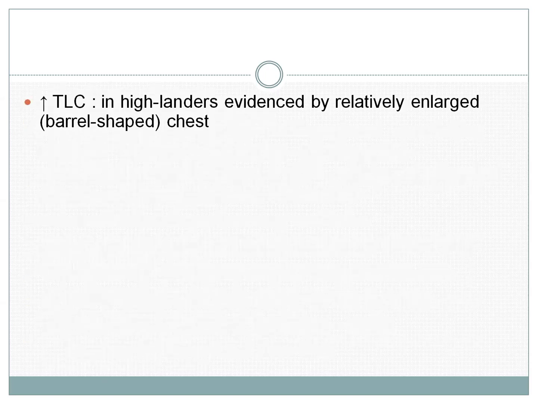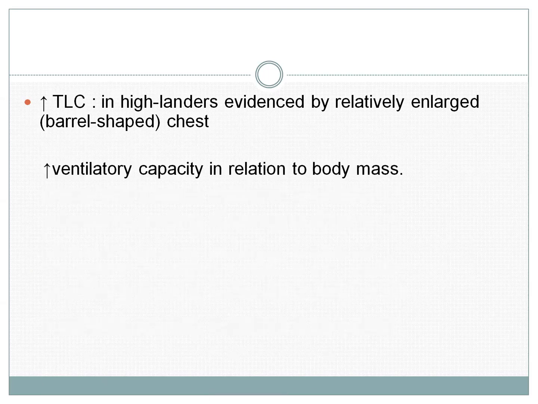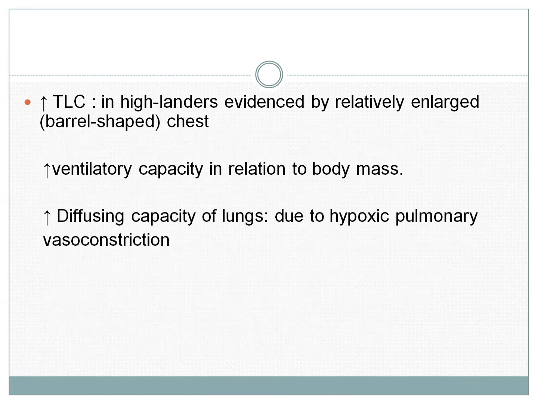There is also an increase in the TLC, that is total lung capacity. So in highlanders, the evidence is a relatively enlarged barrel-shaped chest, and that increases the ventilatory capacity in relation to the body mass. That also increases the diffusing capacity of the lungs, and it can lead to pulmonary hypertension.